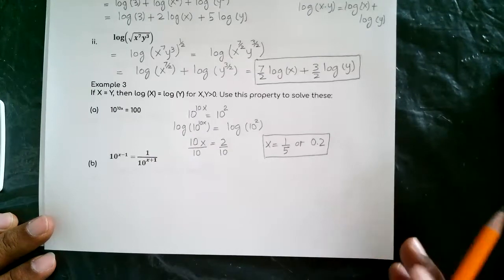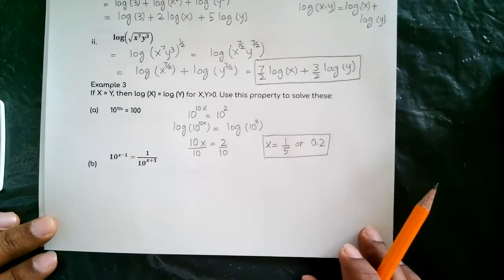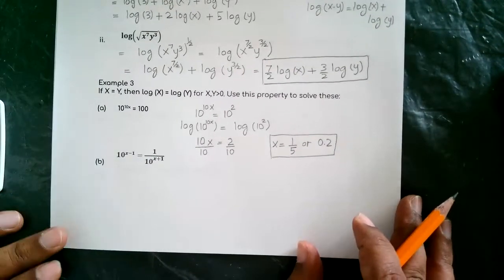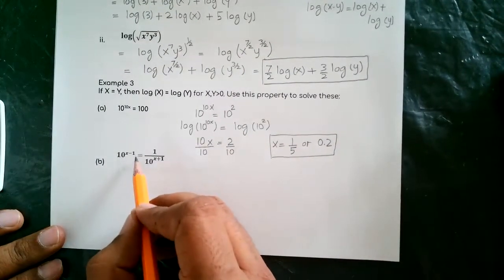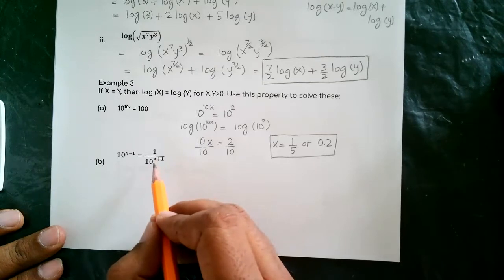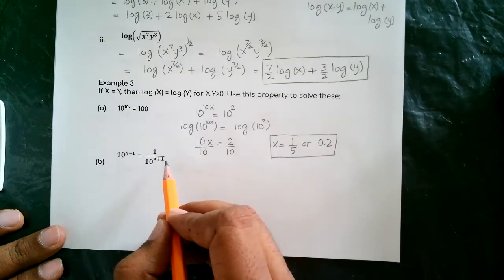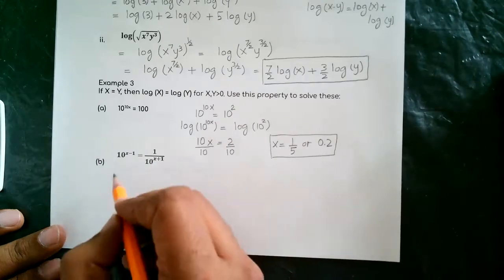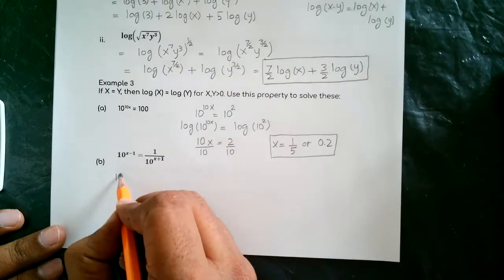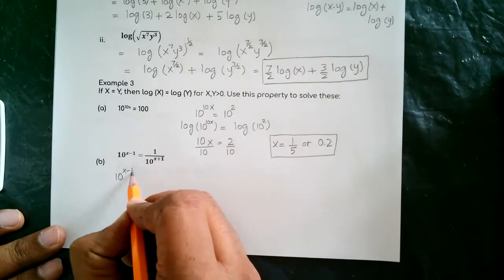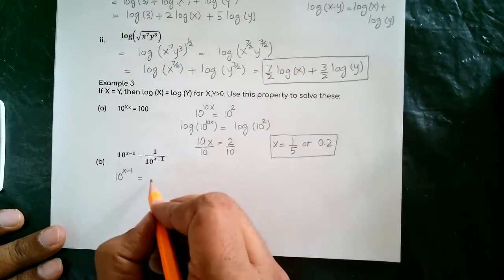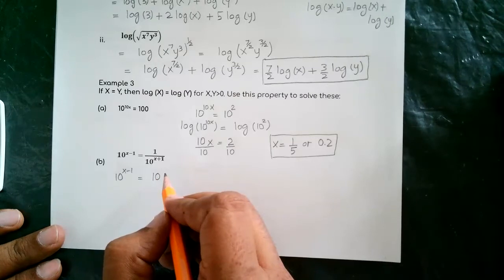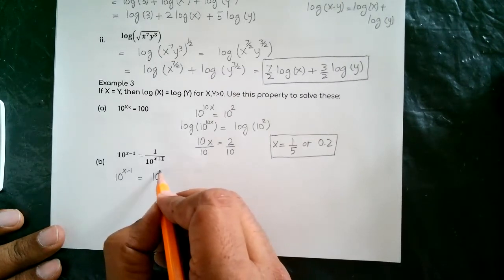Now, part B, it's a bit tricky, but we just take one step at a time and we know how to solve it. So we have 10 exponent x negative 1, and we have 1 upon 10 exponent x positive 1. So first of all, we must bring this thing up. So if we do that, this side remains as it is. And in this case, remember, whenever you bring a term with an exponent up or down, the sign of the exponents change.